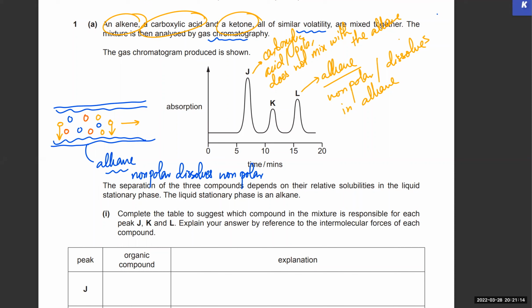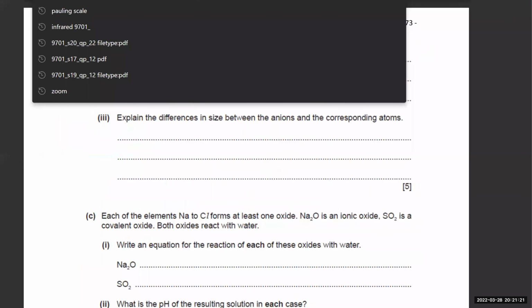So I'll also open a marking scheme next to it.